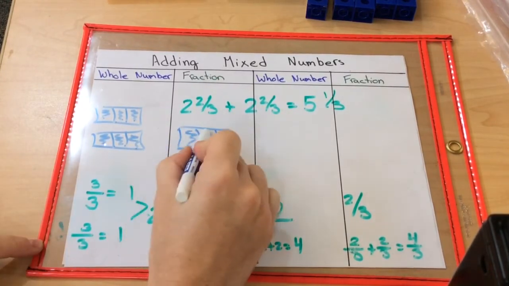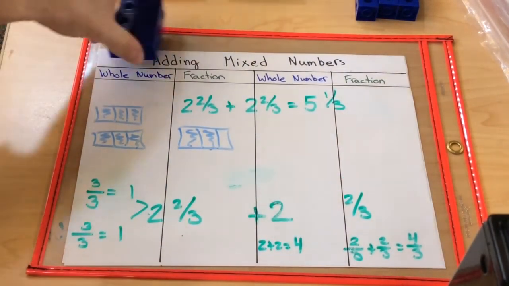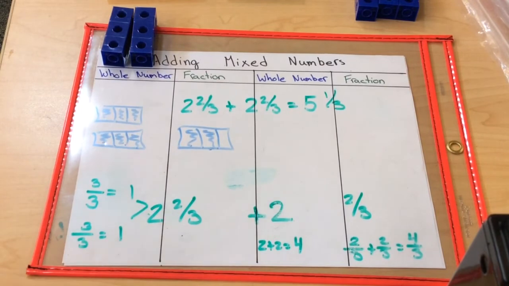And here would be shading in 2/3. So where I used my cubes to illustrate this, you could draw a picture to help problem solve. Okay? So remember, we start with adding fractions, then we go to the whole number, then we smush it together. Okay? I hope this helped illustrate how we can add mixed numbers together.